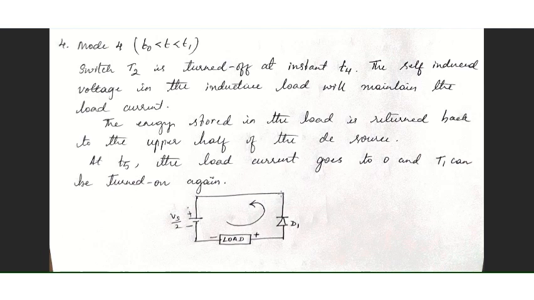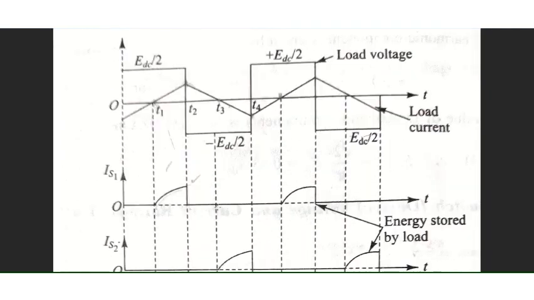So from T4 to T5, the energy that is stored is getting dissipated via D1. Diode D1 will be forward biased, and the energy is dissipated and the current flow will be in this direction, which is feeding back to the source. Let us observe the waveforms here.